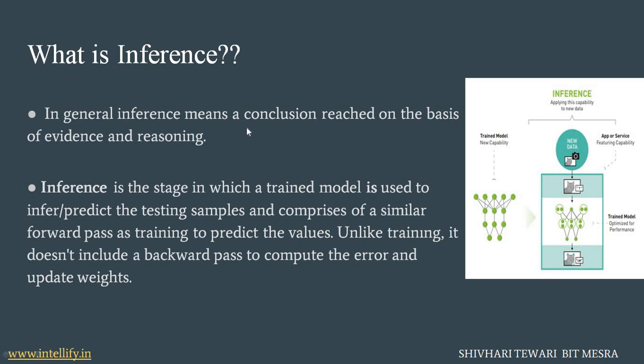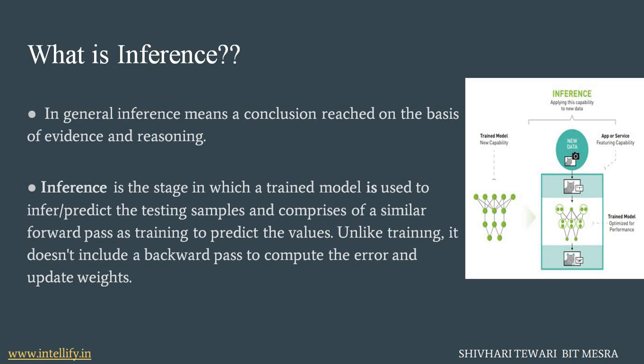So what is inference basically? In general, inference means a conclusion reached on the basis of evidence and reasoning. That means we have collected some data, we have done several tests on that data, and then we have created a conclusion that this thing happens if the data has gone through these kinds of tests.